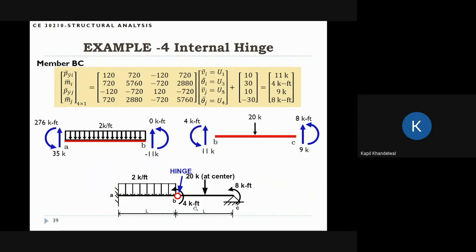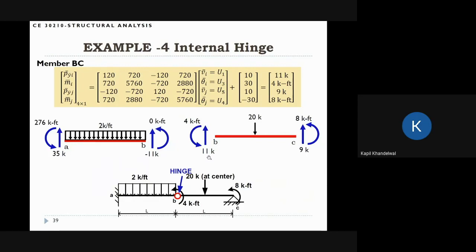So 4 was the moment applied, and it's balancing it out. On the left side of B, there was no moment applied, so if you check the calculation, the moment is 0 here.